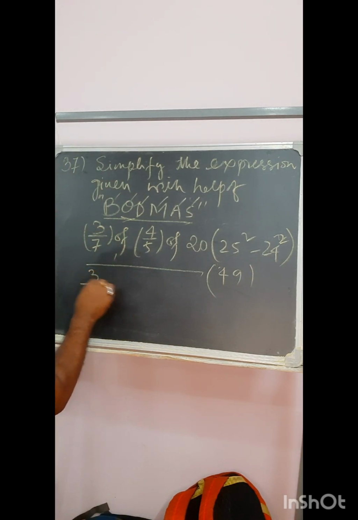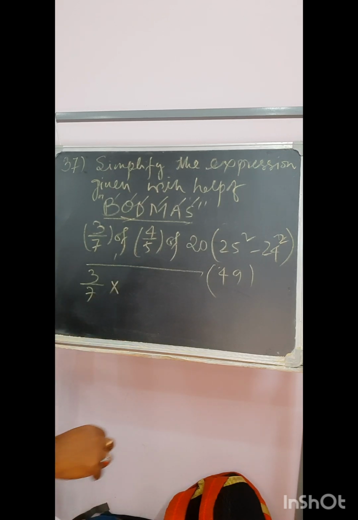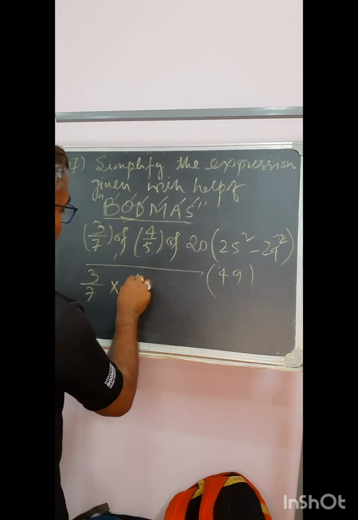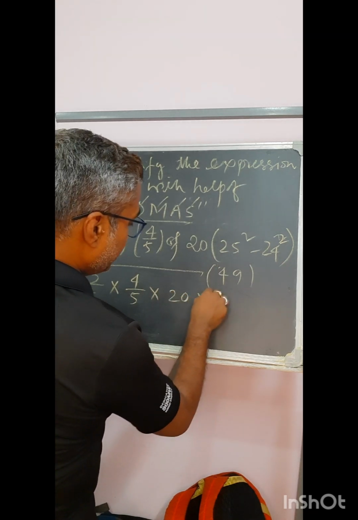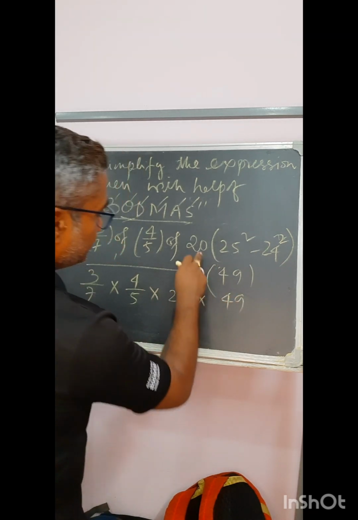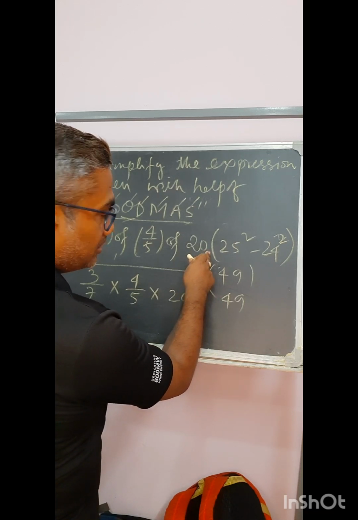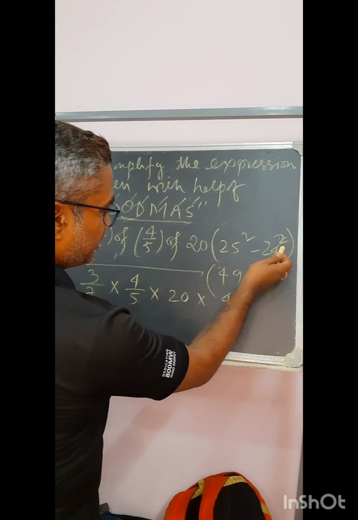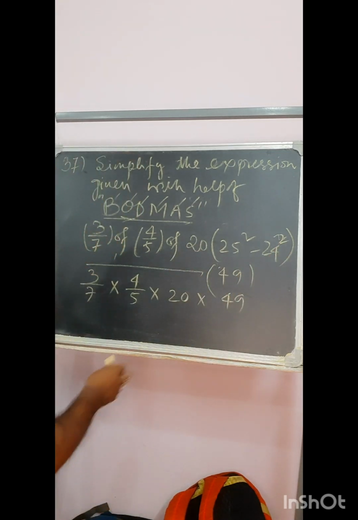Other things: of means nothing but a replacement of multiplication, so the of can be replaced by multiplication. So this thing will stand like that, because 20 into bracket something, the consecutive number followed by the bracket, means this is related to multiplication, as you know.